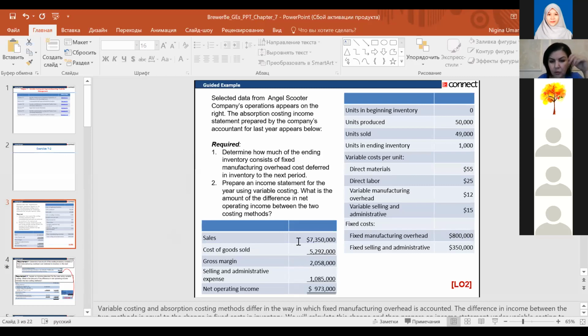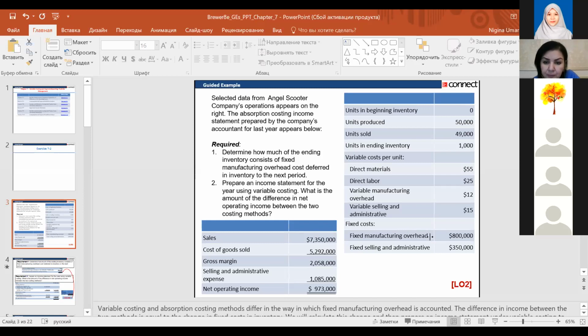So $16, this fixed manufacturing overhead per unit, if we multiply by the number of units sold, by 49,000, so 784 only, minus 800, so exactly 16,000.